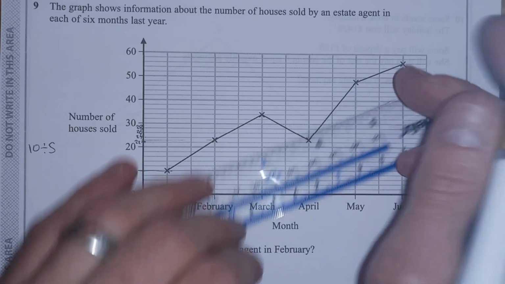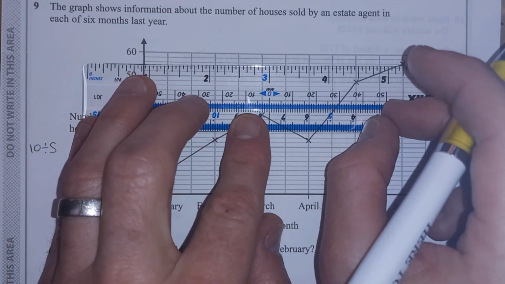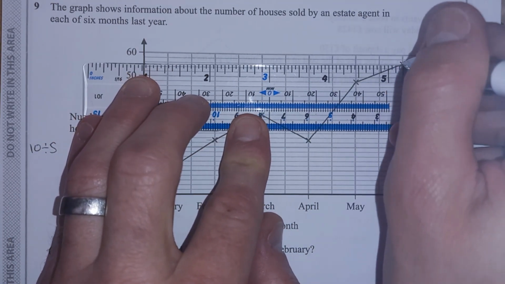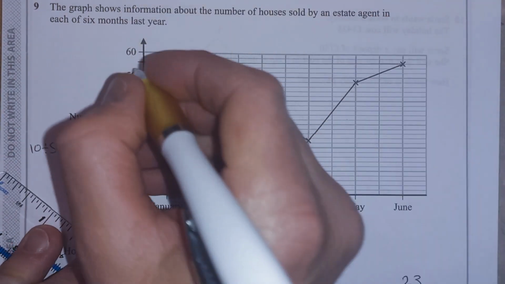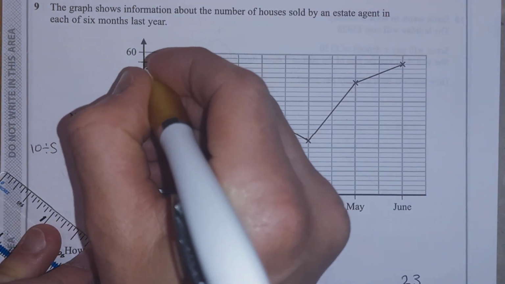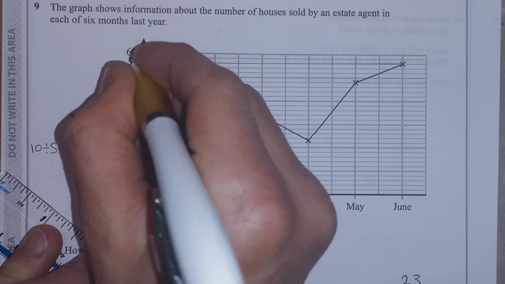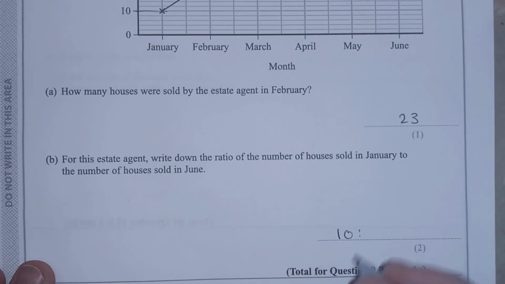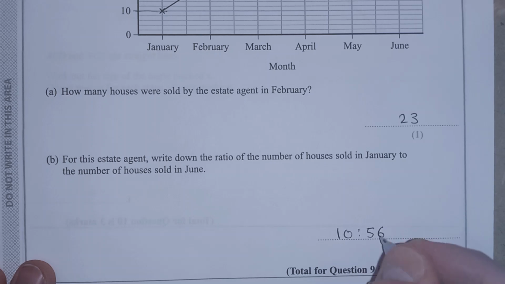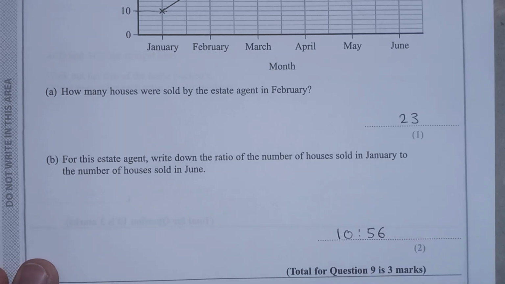So up here. So it's going to be this one. So remember we're counting in 2, so 52, 54, so that's going to be 56. So it's going to be 10 to 56. Now they haven't said write it in the simplest form, so I'm just going to leave it like that.